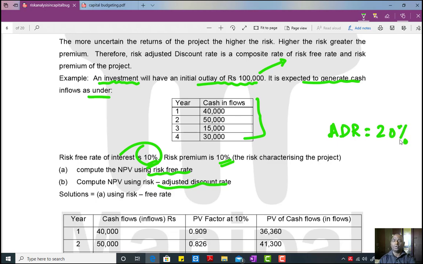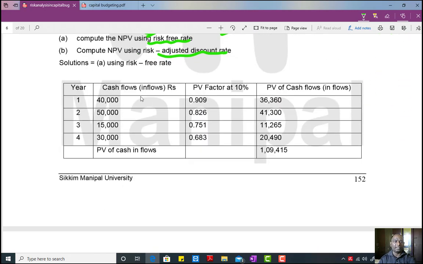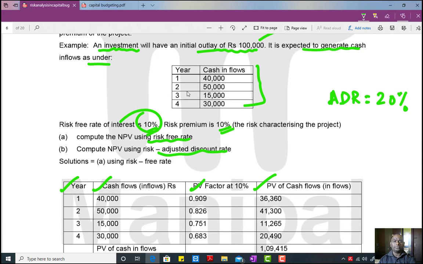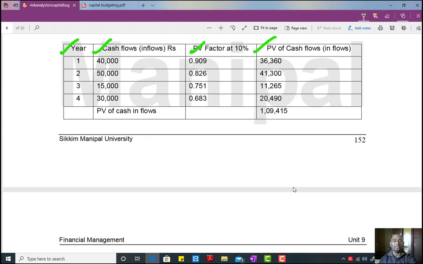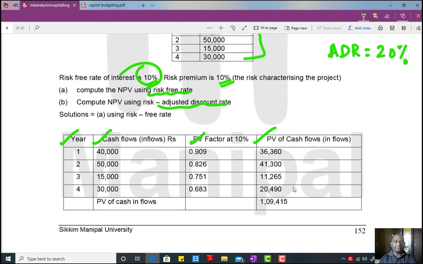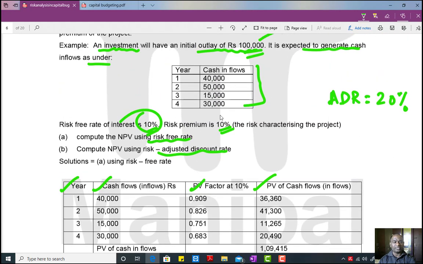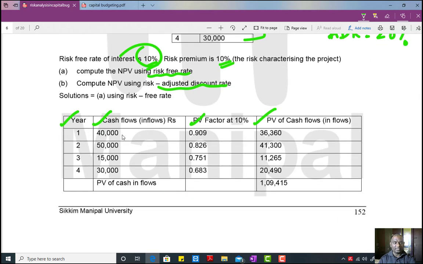Very clear, so let's understand. We take down the year, then the cash flow, then the PV factor, and then the present value of cash flow. This is at 10%. We know 1 lakh rupees is the outflow, which I will take separately at the end. Here I have taken the cash inflows: 40,000, 50,000, 15,000 and 30,000. Now 1 divided by 1.10 gives 0.909.